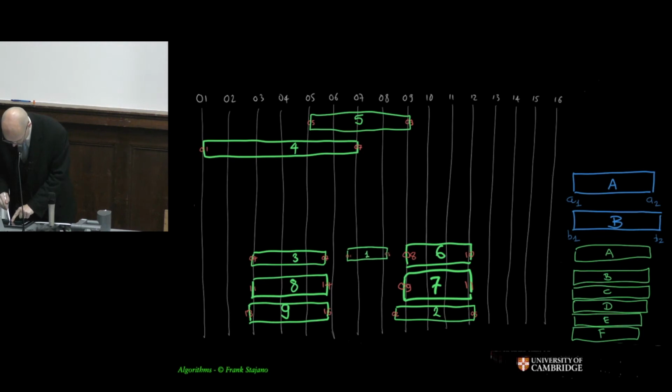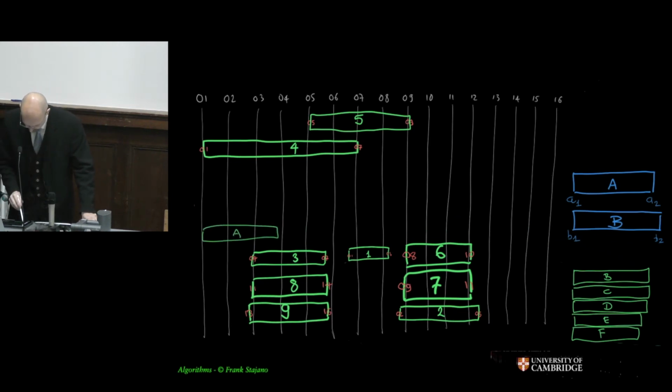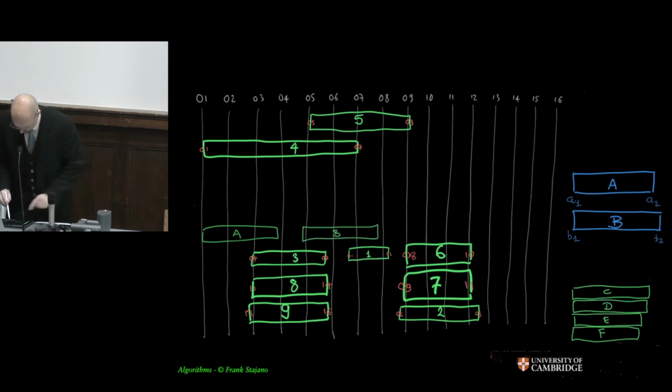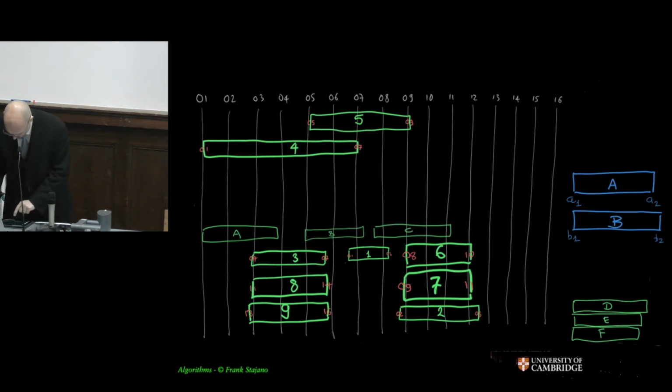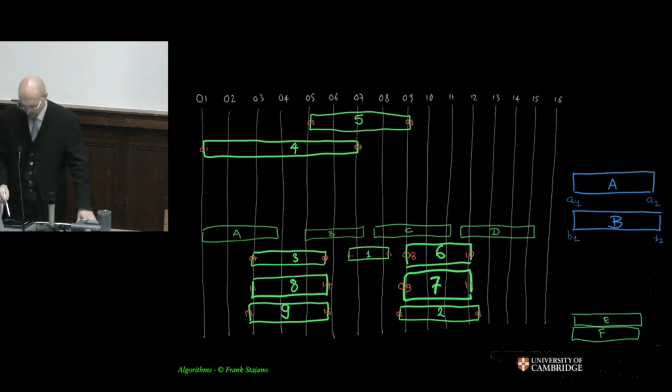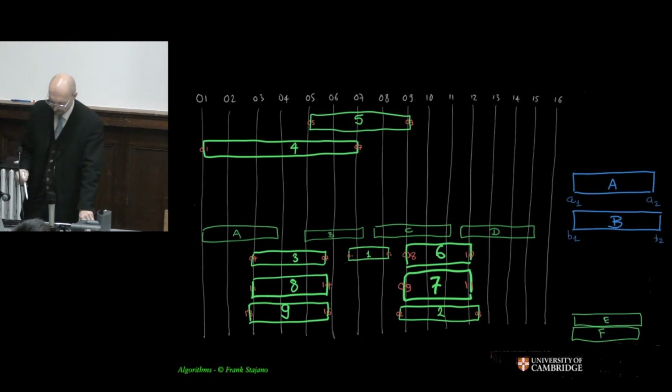I'm cheating because I'm putting them where they're not supposed to go, but just for the purpose of illustration. And I need to have some more, so I'll put this one here. This one here. Make it a little short. This one here. And this one here. And they should all be on boundaries, so I'm also cheating there, but so as not to take infinite time for this counterexample.